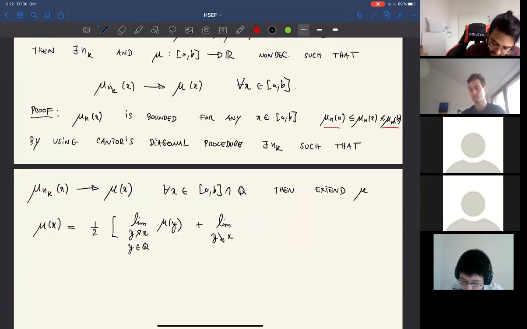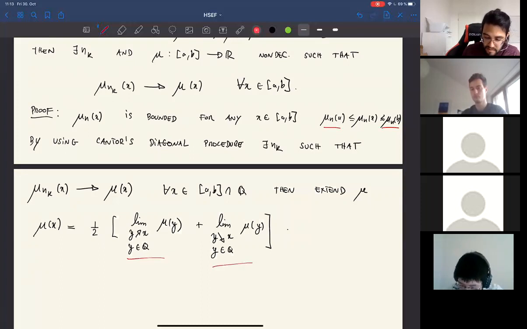So just take the average of the lateral limits. That's one choice you could make. As long as you take a number which is between these lateral limits, you should be fine. So then you realize that mu, now defined on the whole interval, is non-decreasing.